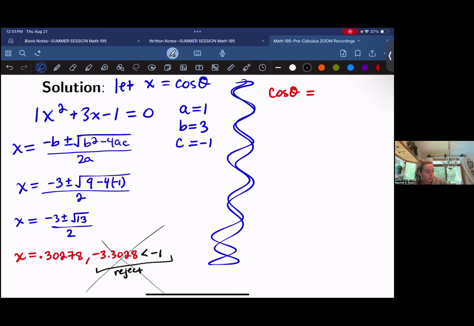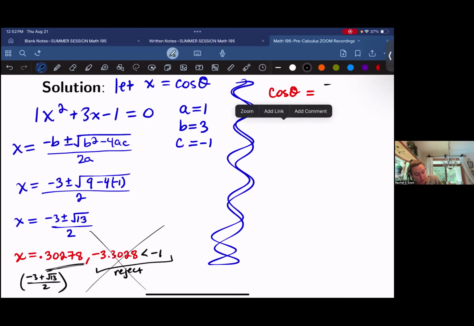Okay. So our only x value that we're looking at is 0.302, which is negative 3 plus the square root of 13 over 2. That's what we're going to set equal to our cosine theta so we can officially solve for all of our potential angles. Now what do we do?